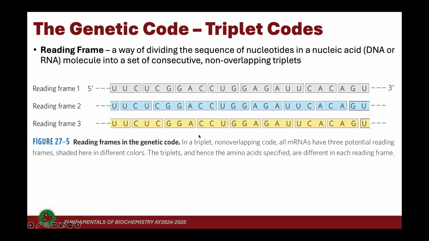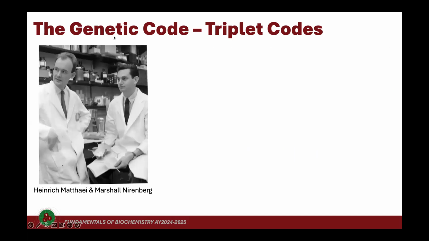The other two will not lead to a gene product. So later on, as we go into the details of translation, you will see how the reading frame is set. So the cell is not confused which reading frame it should use.